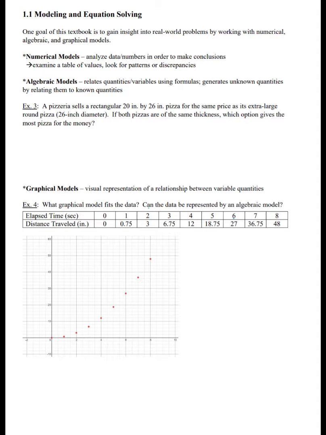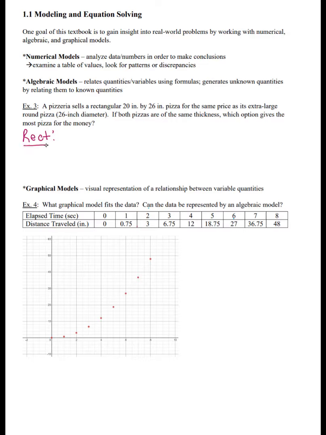So just trying to figure out, how do we get the most pizza for our money? This is a pretty simplistic problem where algebraic models would be perfect because we can use formulas to find the area of the rectangular pizza, the area of the circular pizza, and then just compare the two areas. So let's do just that.